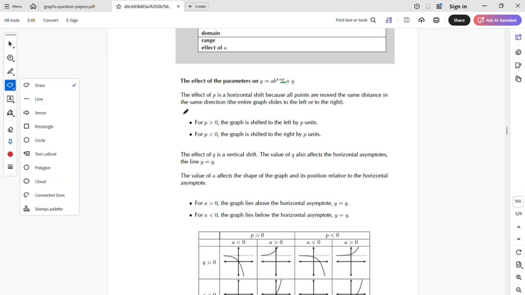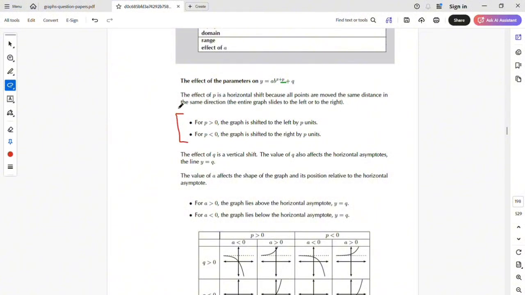If you look closely, they say here the effect of p is a horizontal shift, because all points are moved the same distance in the same direction.